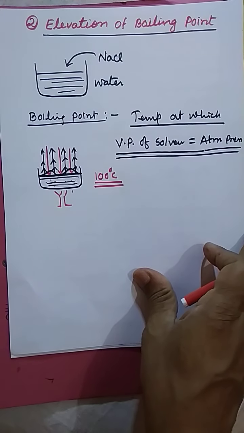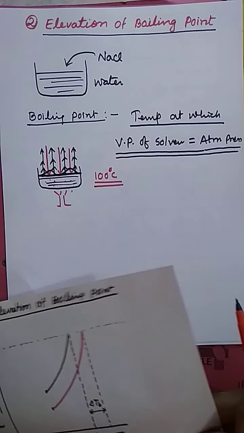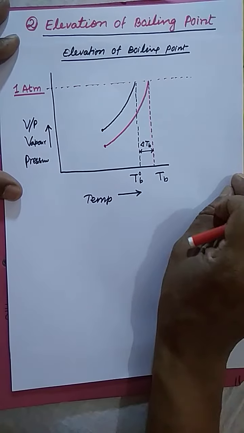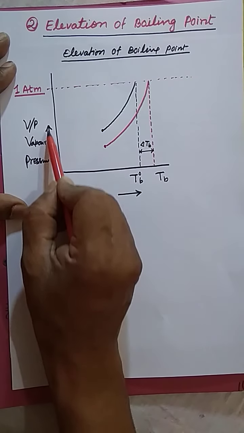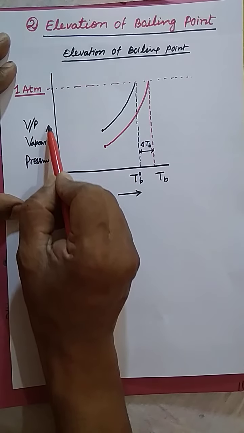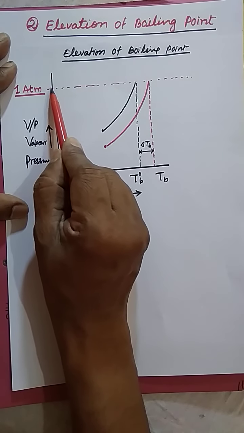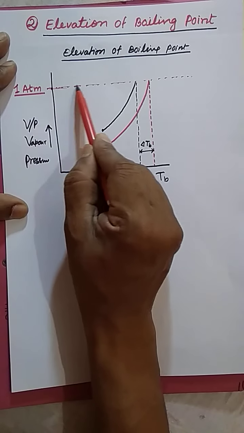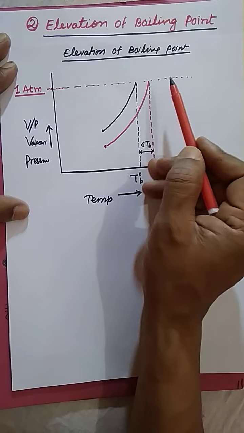Okay friends, now we observe it with the help of a graph. The graph is this one. This is your vapor pressure axis. Vapor pressure is increasing, and this is the vapor pressure equal to 1 atmospheric pressure. At this pressure, water begins to boil, or any liquid begins to boil.